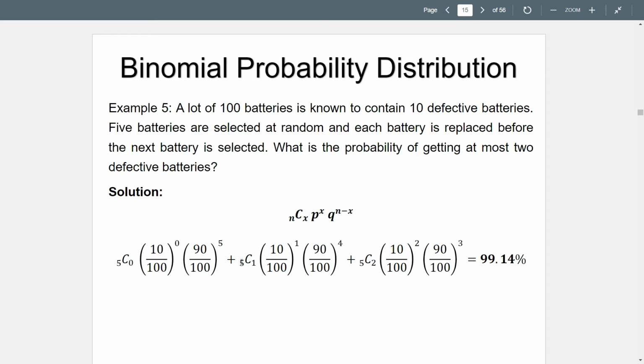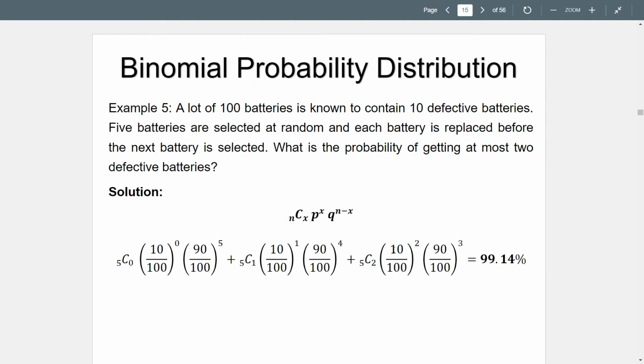Then there will be one defective here. The probability of defective is 10 out of 100, x is 1, and then 90 over 100, raised to 5 minus 1.